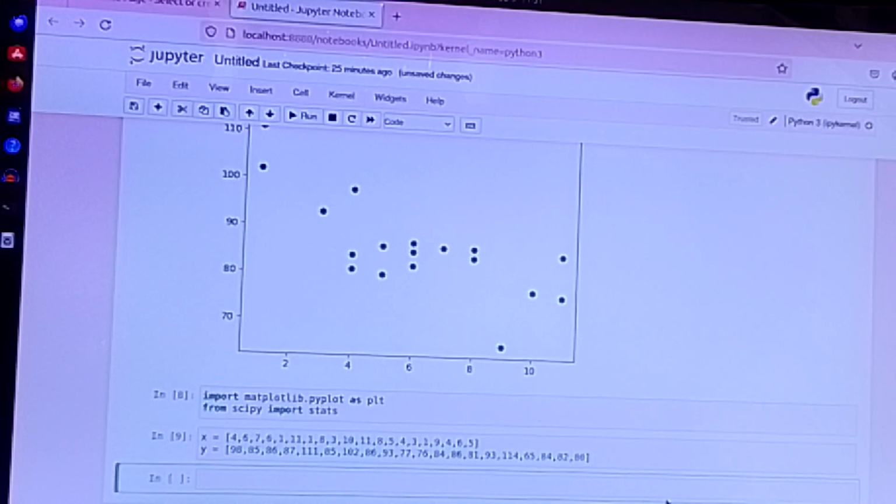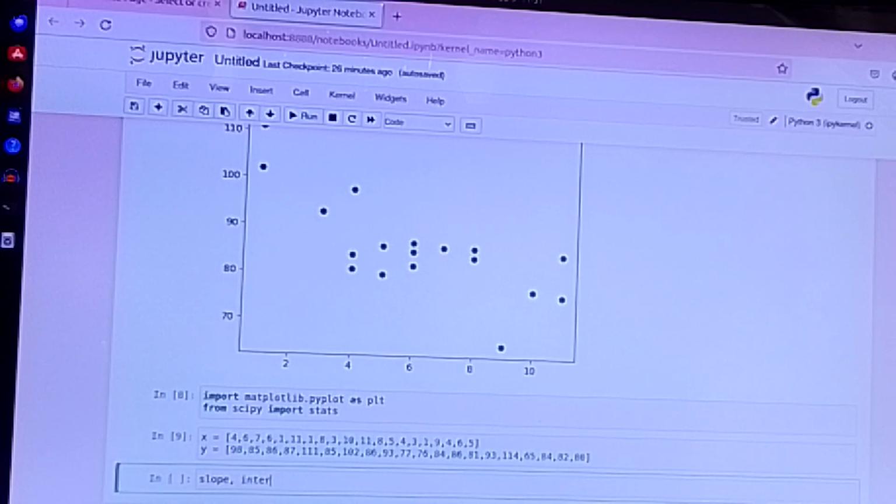Now I will introduce the slope, intercept, and the coefficient of correlation here. Intercept means the intercept of the best fitted straight line, the intercept on the y-axis.